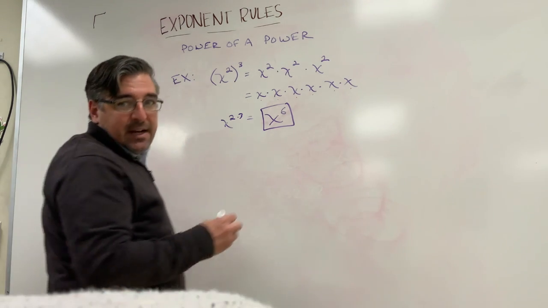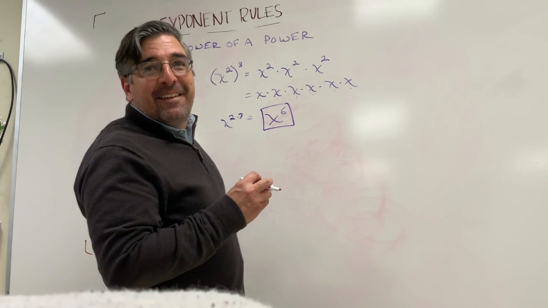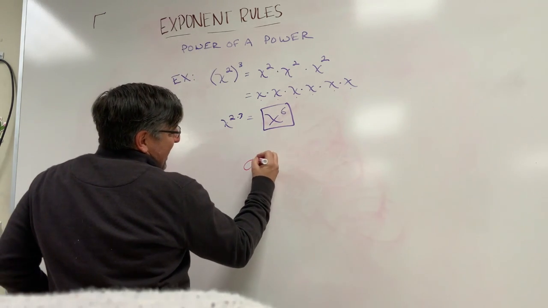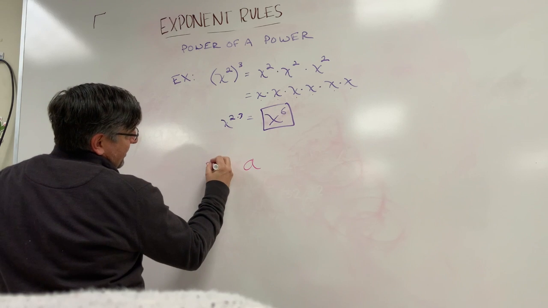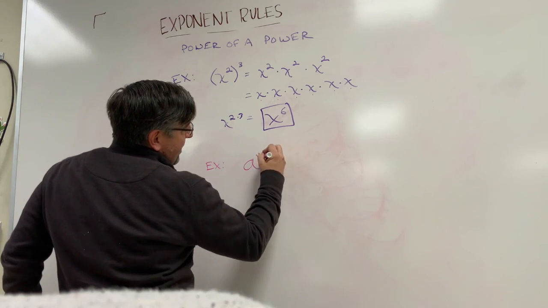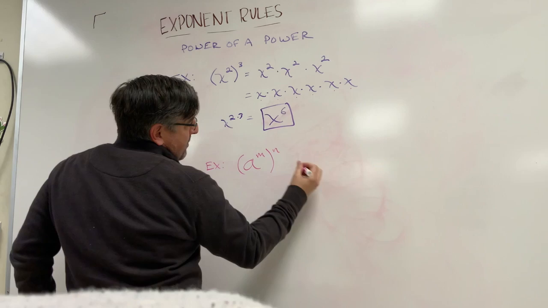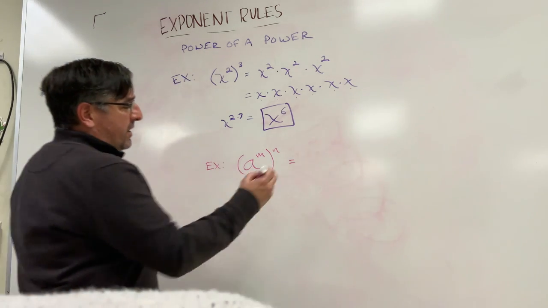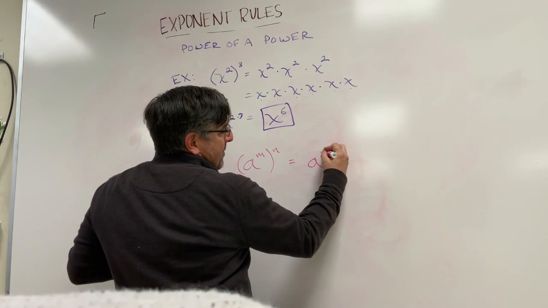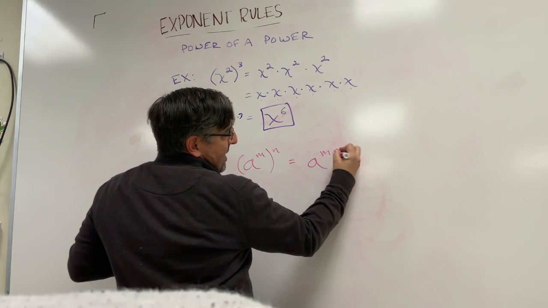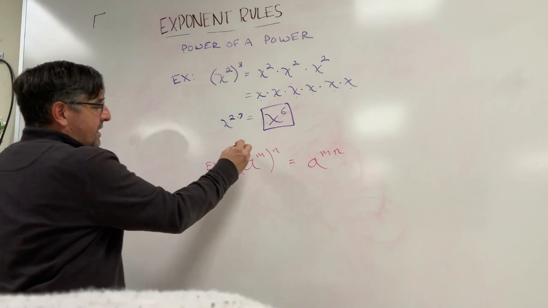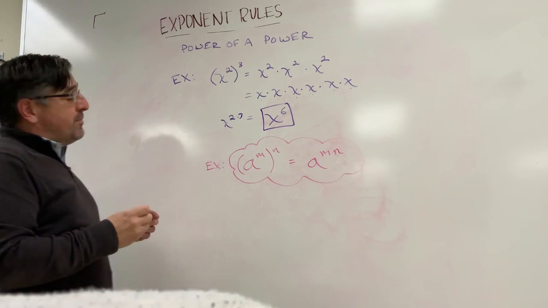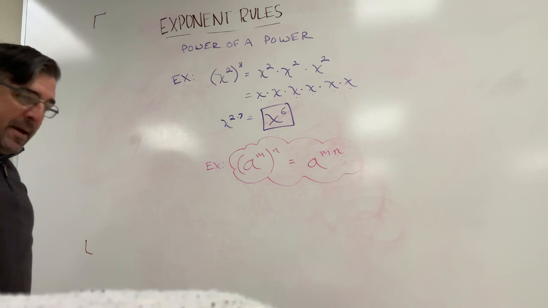Thinking more abstractly, if we have a to the m raised to the n power, that's a to the m times n power. This is the exponent rule for power of a power.